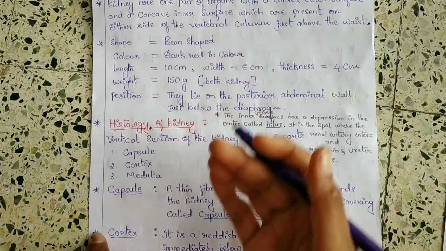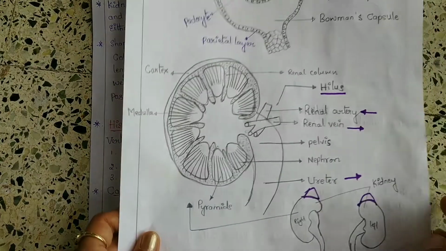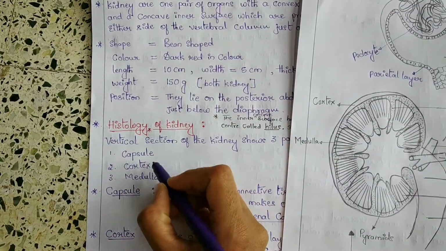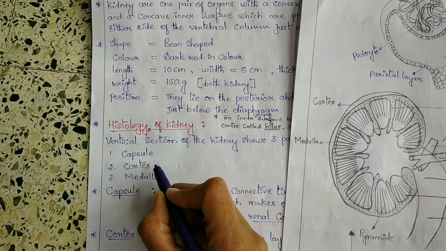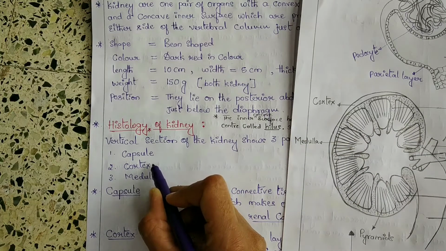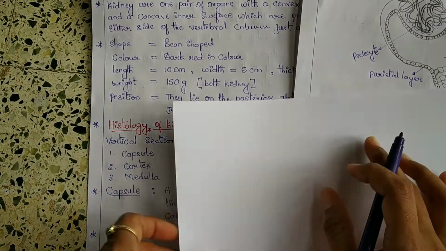When you take the vertical section of the kidney, it shows three parts: capsule, cortex and medulla. The first part is the capsule, the second part is the cortex, and the third part is the medulla.